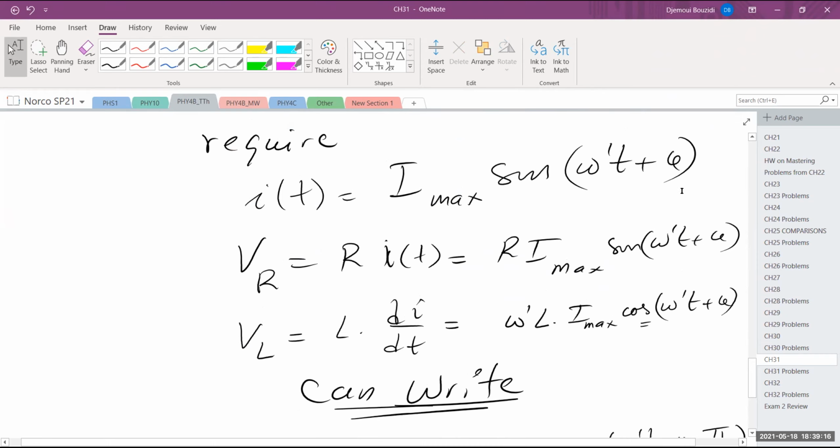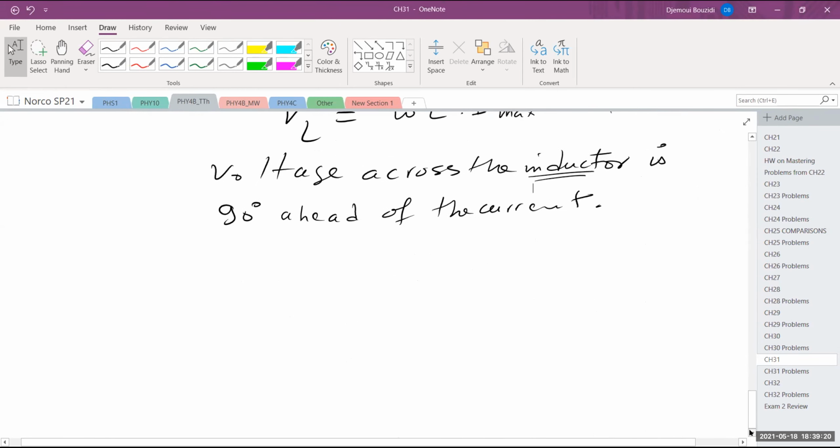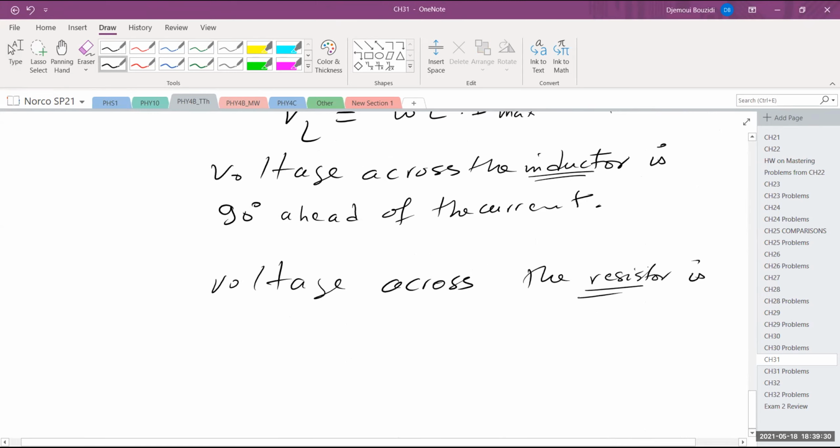Actually, they're in phase. So in this case, they're in sync. Actually, the voltage across the resistor is in sync with the current. They're together, running together, same time. Okay, good.